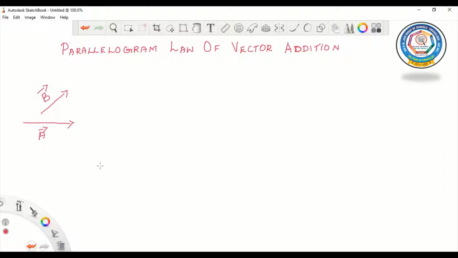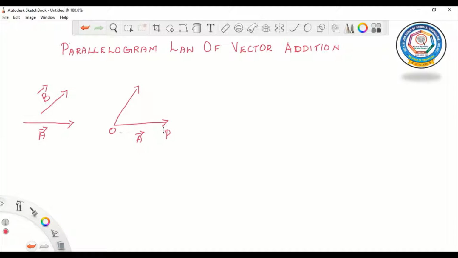If these two vectors are represented both in magnitude and direction by the two adjacent sides of a parallelogram drawn from a common point, so O be the common point here, and we have drawn two vectors.